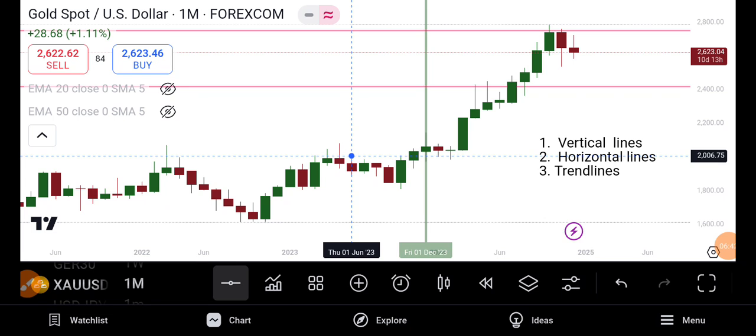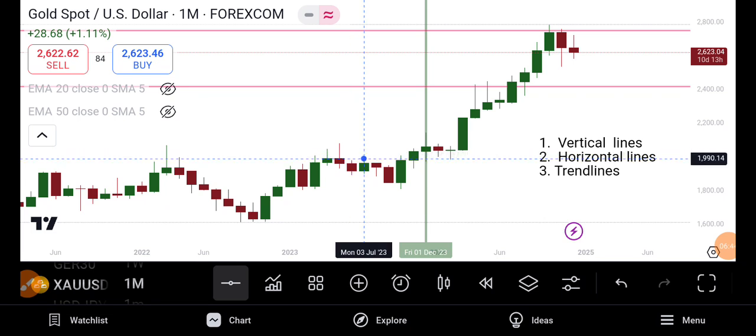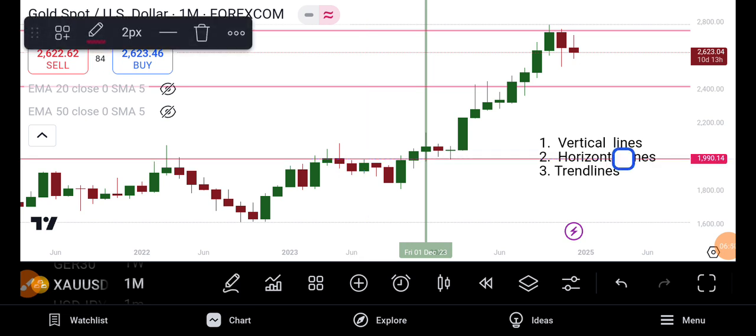We see over here there's also another area, and you can look to the far left as well to kind of guide you. But yeah, as far as last year is concerned, we have now marked most of the significant areas.